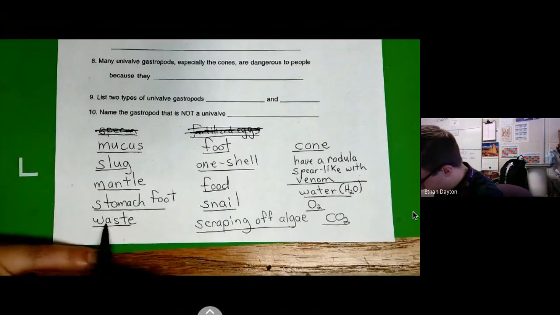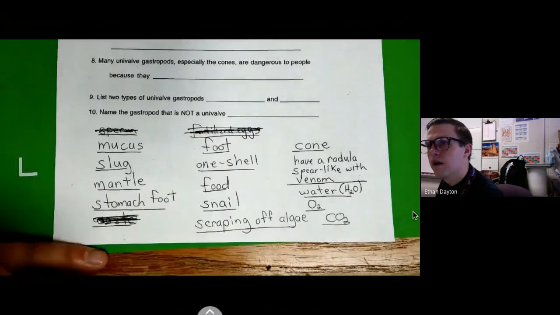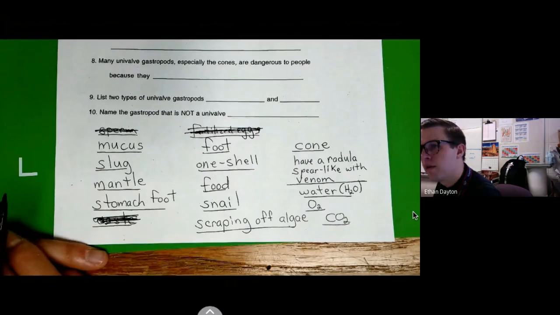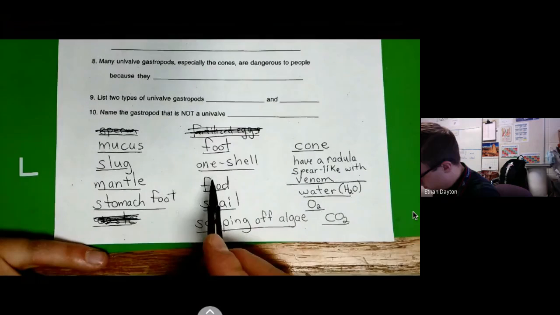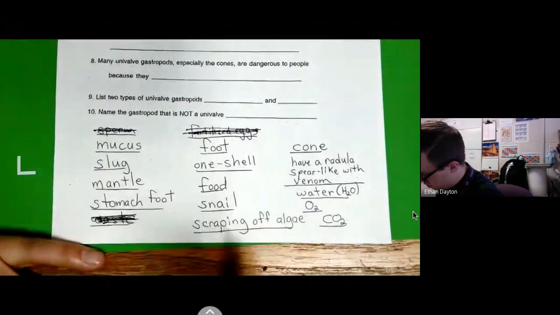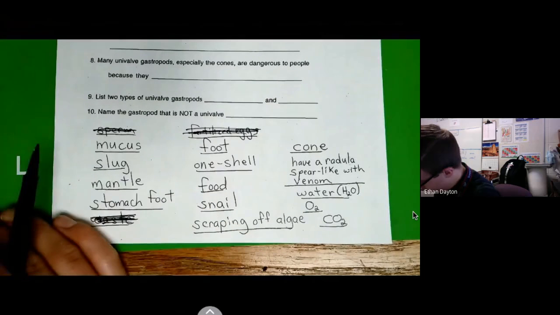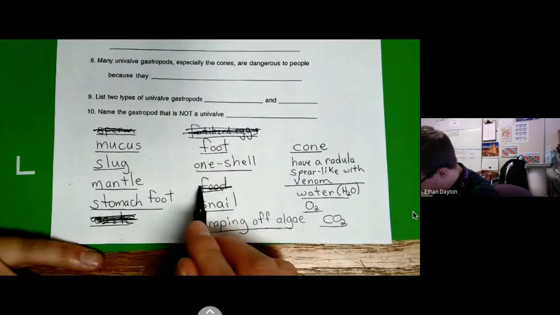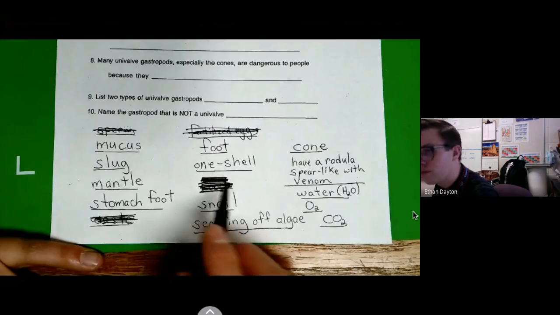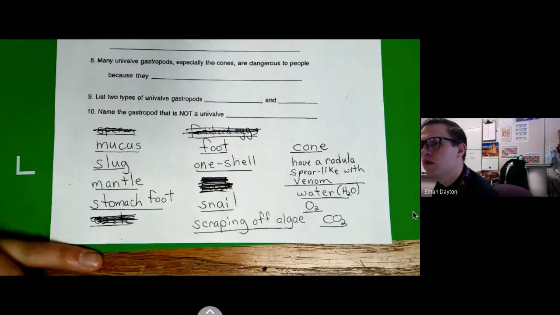You will not use waste. You will not use food.